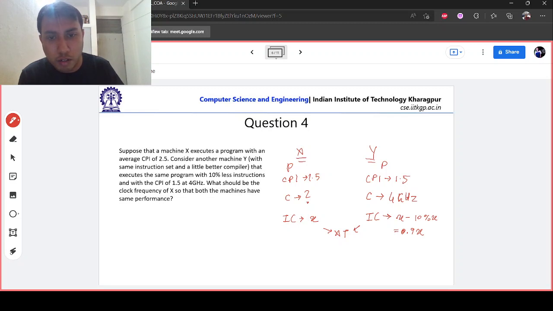So what will be the equation? It will be 2.5 into c into x equals 1.5 into 4 into 0.9x.